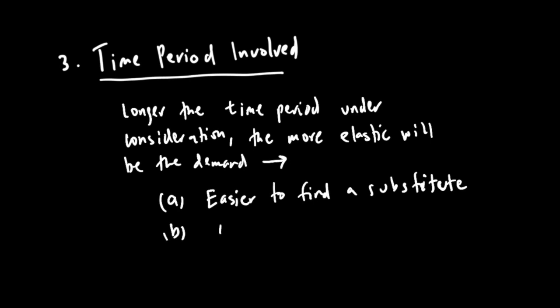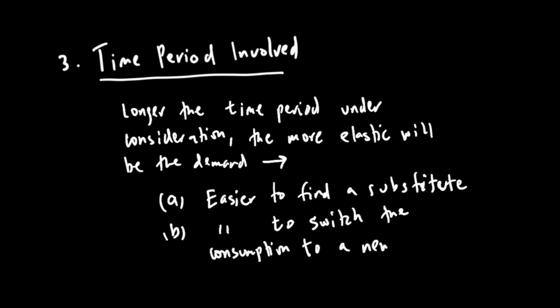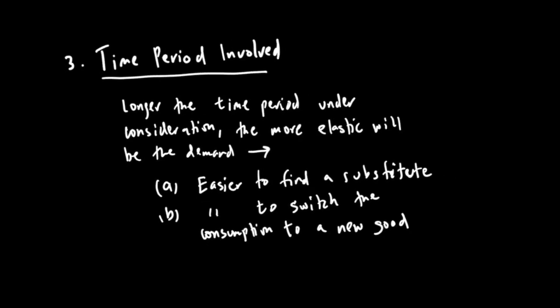Similarly, not only can you find a substitute, but it's easier to switch the consumption to a new good. So you can change your consumption pattern because you are given a lot longer. But if there's a very small time period involved, let's say you ask a consumer to switch in a week's time, it would be difficult.